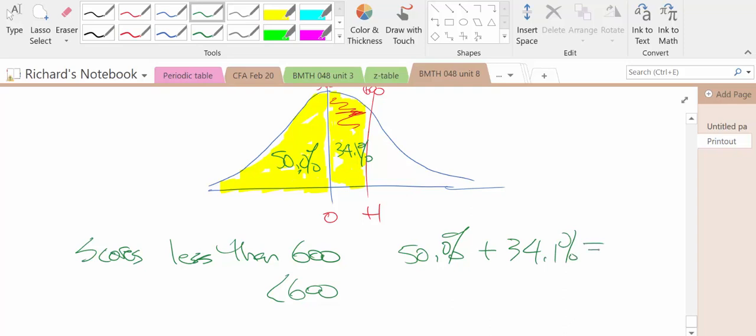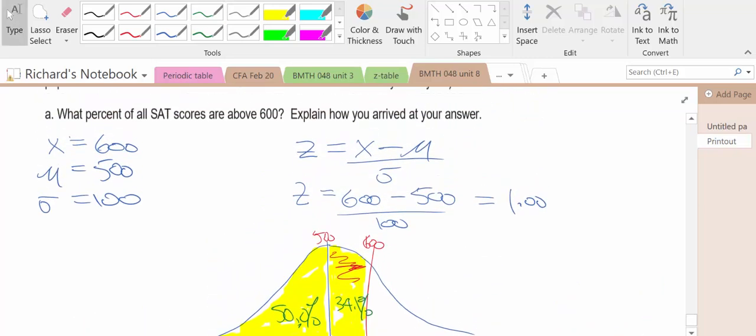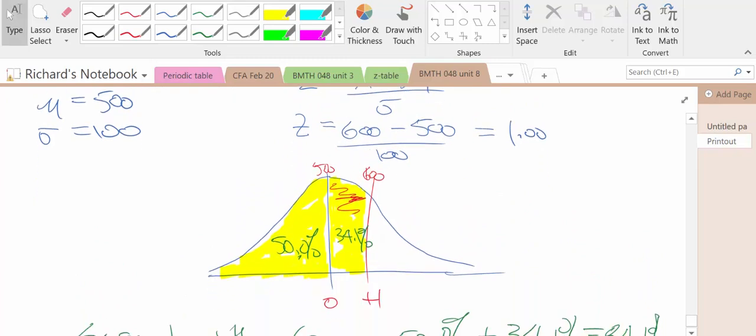So 50.0 and 34.1 is 84.1% of the scores are below 600. But that's not really what we were being asked. We were being asked how many scores are above 600.